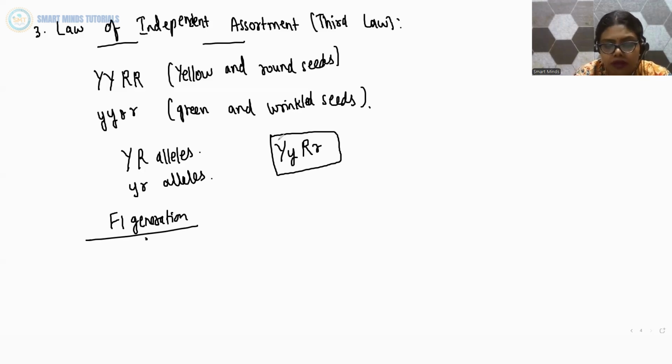And the F1 plants were called dihybrids. A cross between two dihybrid plants is known as a dihybrid cross. I'm talking about fertilization between two dihybrid plants. Then next is the F2 generation.